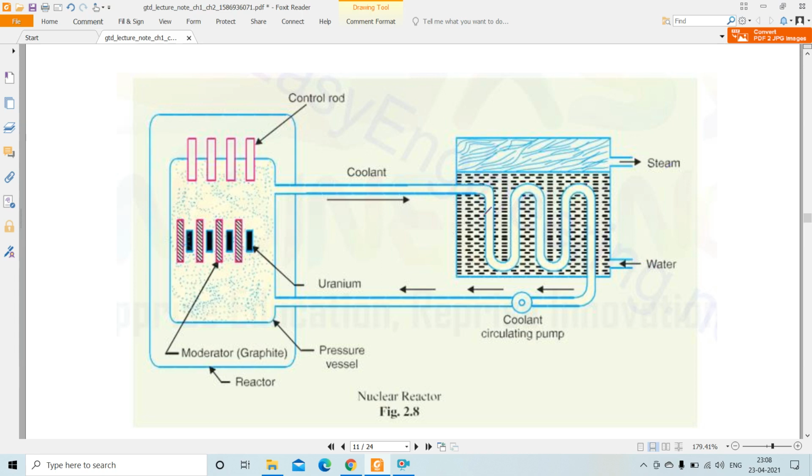By transferring heat energy from the sodium metal, the water is converted into steam, and this steam is stored here and transferred to the turbine through this steam outlet pipe. And the sodium metal, which is now in cold form, is transferred again to the pressure vessel.